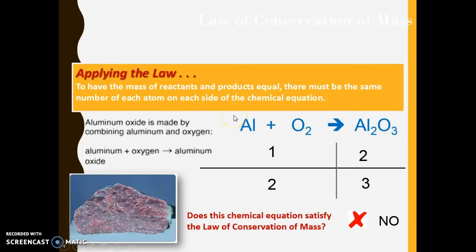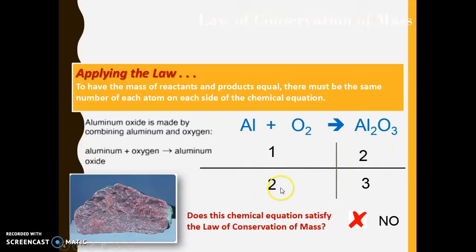This equation, as written, violates the law of conservation of mass. Over here on the left-hand side, I have 1 aluminum atom. If you don't see anything with aluminum, you can assume there's 1 if there's nothing out front and nothing down here. Over here I have 2 aluminums because it says Al and then this little 2 means that I have 2 aluminums. That extra aluminum in your product violates the law of conservation of mass.